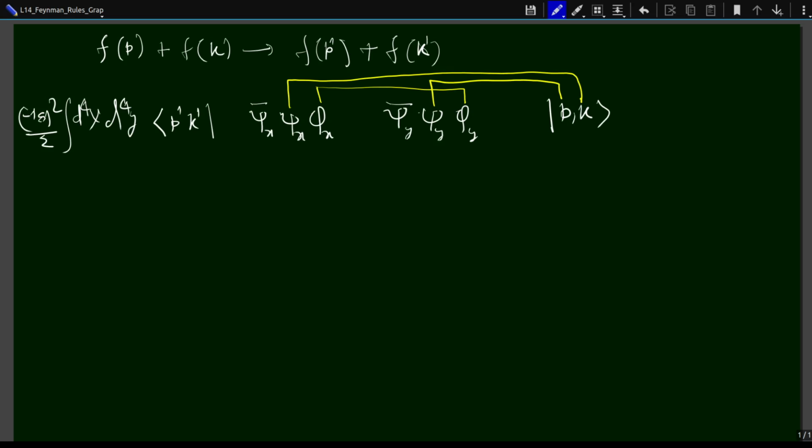On the left hand side, for simplicity, you take psi bar contracts with the k, and this psi bar contracts with the p prime. Okay, once we have all these contractions done, what I have is minus i g squared by 2, d4x d4y, if I have to write all this. So this is not the matrix element.